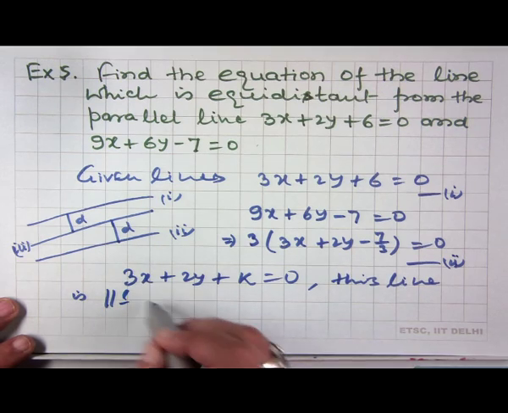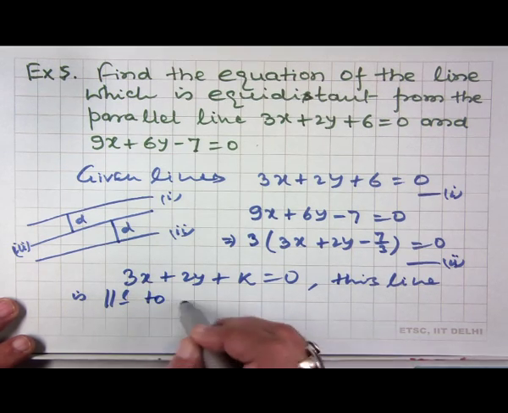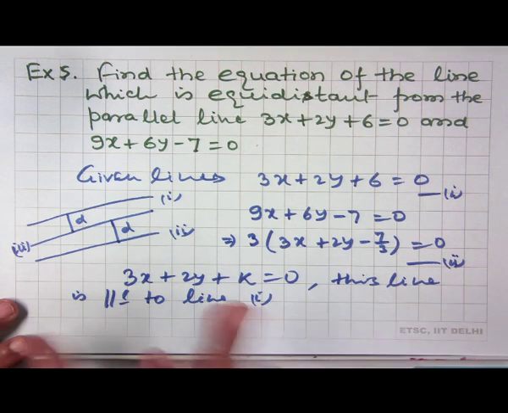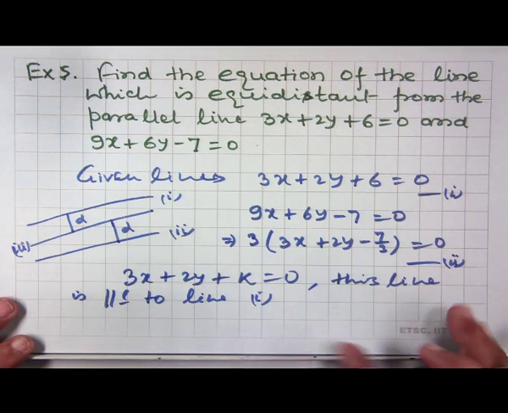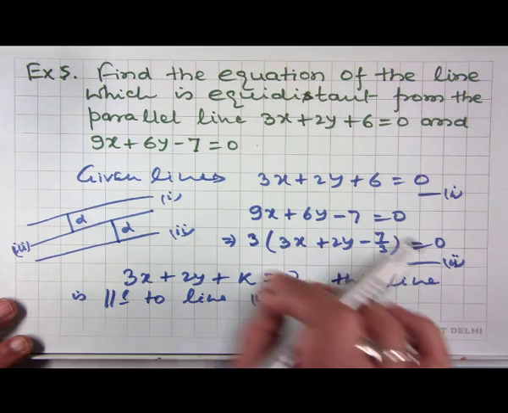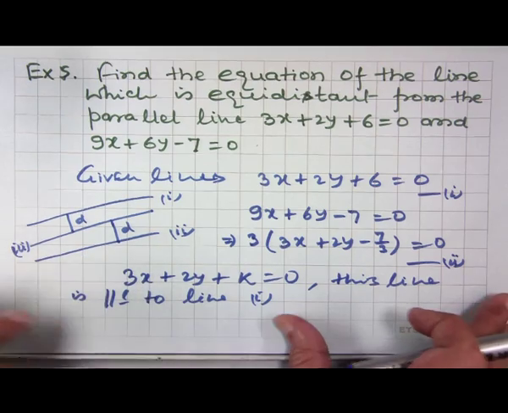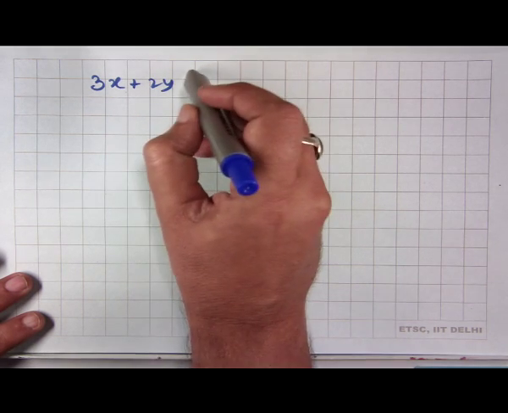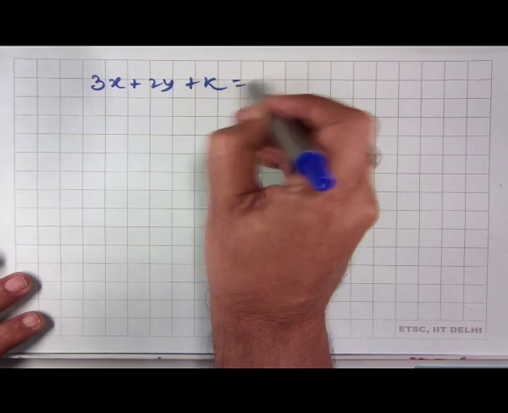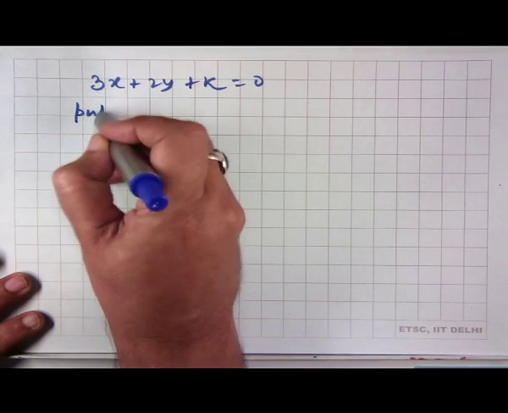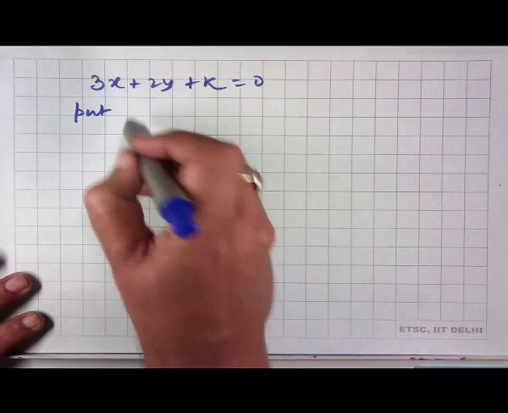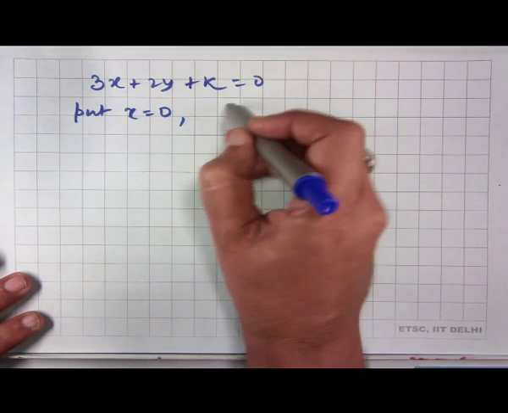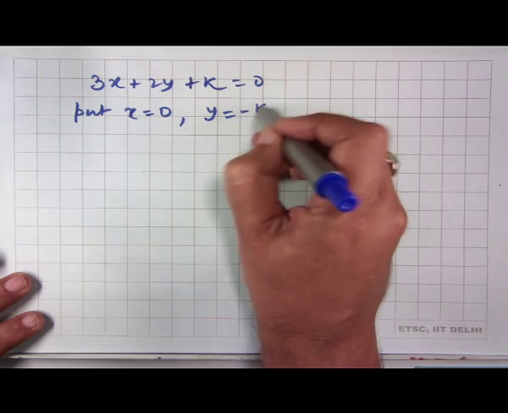Or you can say this is a family of parallel lines, which are parallel to line 1. We have to find the value of this k. Since this line is 3x plus 2y plus k equal to 0, put x equal to 0. So we will get y is equal to minus k by 2.